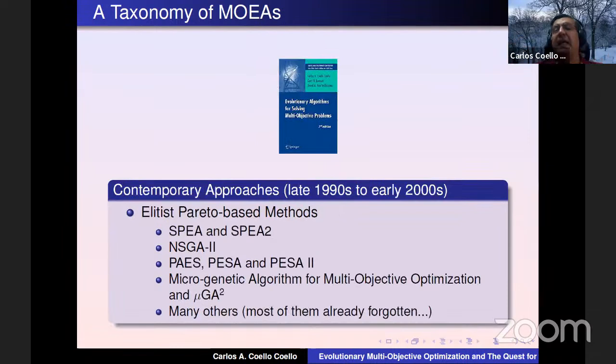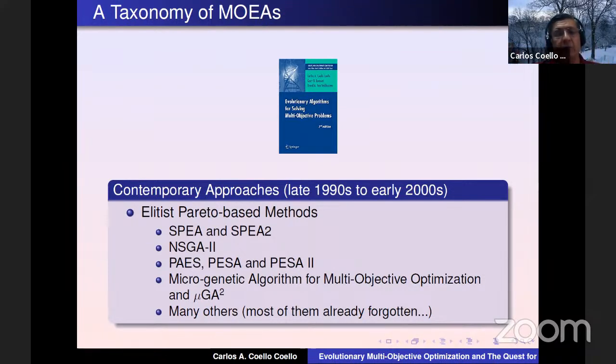Then, in the late 90s, the research conducted in EMO, evolutionary multi-objective optimization, started to get more sophisticated. Several researchers started to develop more elaborate, well-designed algorithms. For example, the Strength Pareto Evolutionary Algorithm, developed by Eckart Zitzler from ETH Zurich, was published in the IEEE Transactions on Evolutionary Computation in 1999.